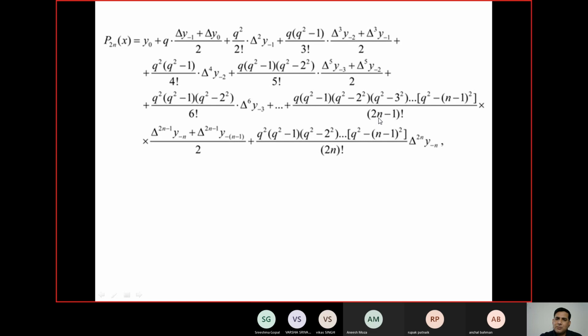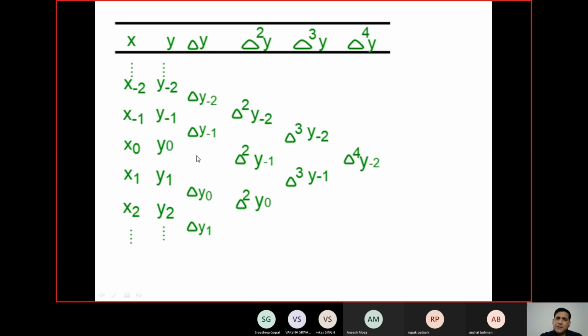So you can start from here, from n equal to 1. Now the table is the same. The table creation is the same way as you created the previous one. This is again your forward difference, so you are calculating the forward difference here.